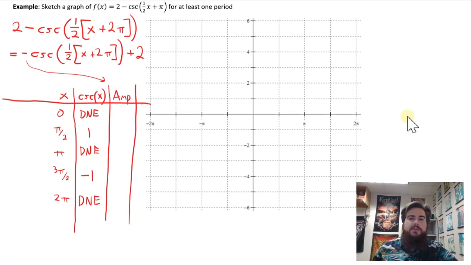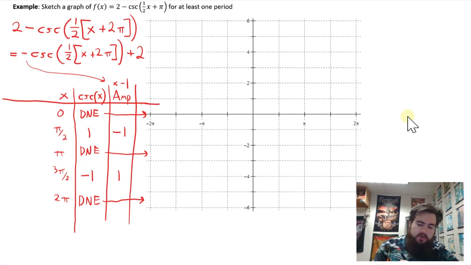So really this is multiplying by a -1, and that is what I will do to all of my values here for the amplitude. I will get -1 and +1 for the values that are actually numeric, but the asymptotes are not going to change. What I will do to denote that is just use an arrow all the way through. That way I don't need to write them every time because that's not going to change.